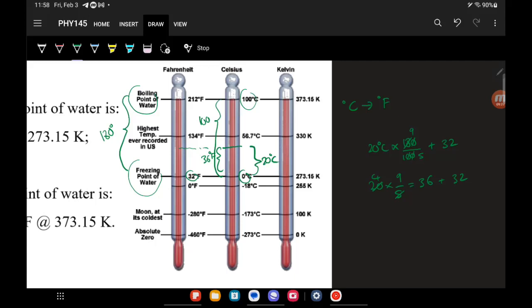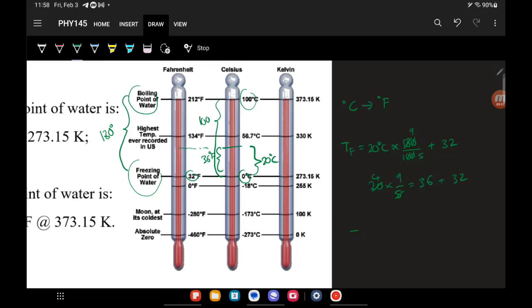So if I simplify the equation here, the outcome will give you the temperature of Fahrenheit.